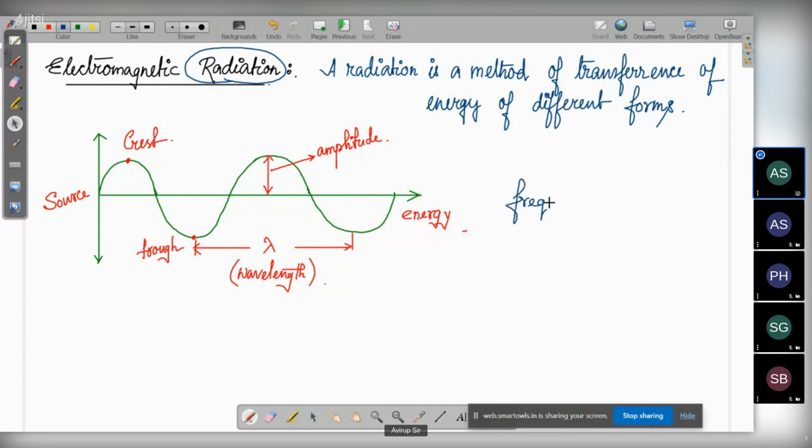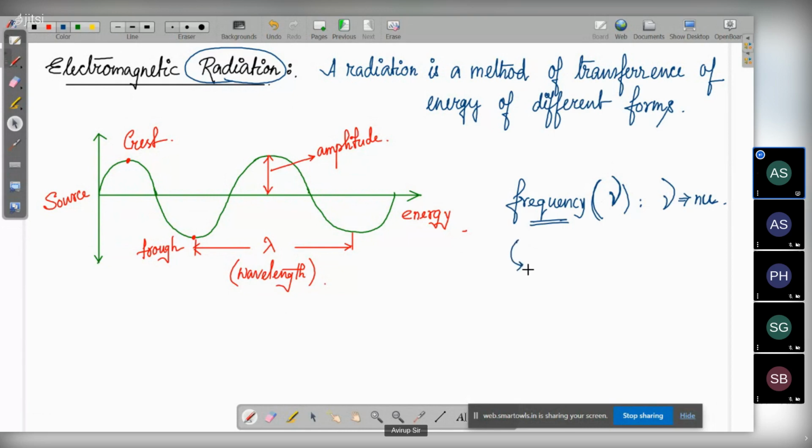Frequency is denoted by this symbol, which is called nu. So this symbol is pronounced as nu. So what is frequency?